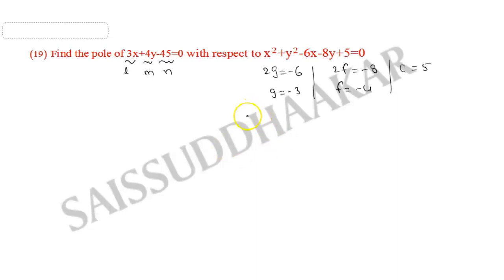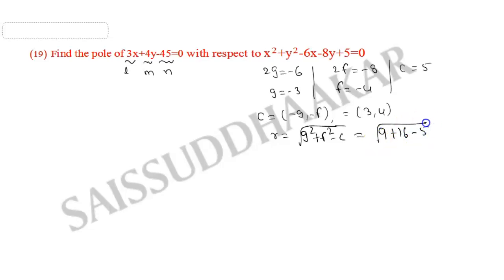So now center is minus G comma minus F, which is equal to 3 comma 4, and R is equal to root of G square plus F square minus C. So this is equal to G square is 9, F square is 16, C value minus 5. 9 plus 16, 25. 25 minus 5, that is 20.